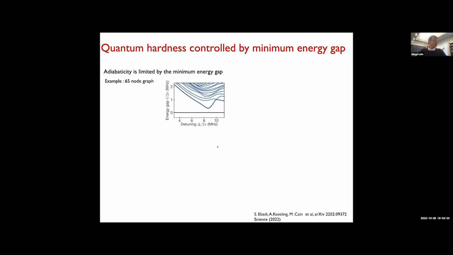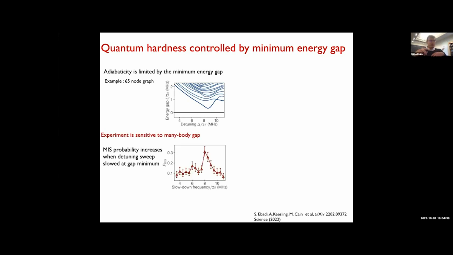What we found is that the optimized quasi-adiabatic trajectory gave the best results when this optimization allowed it to slow down right at the point where the minimum gap is achieved. So basically, it's a kind of proof that the minimum gap is what determines its performance.